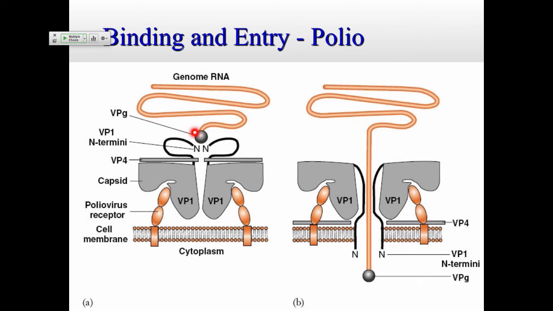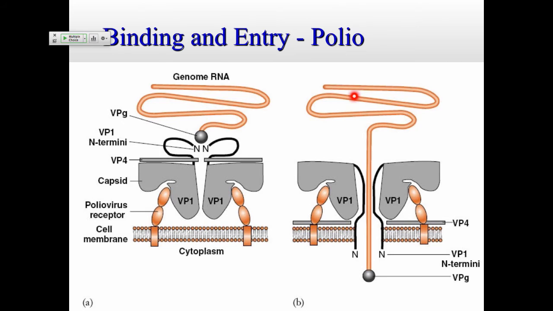This genomic RNA also has a protein, that's what's in gray here, which is attached to the end. It's virus protein G, VPg, and we'll look at this in a lot more detail as we move forward here, but that seems to be how this is getting transported. You have interaction with the receptor, conformational change of VP4 and part of VP1, which pulls this protein into the cytoplasm.